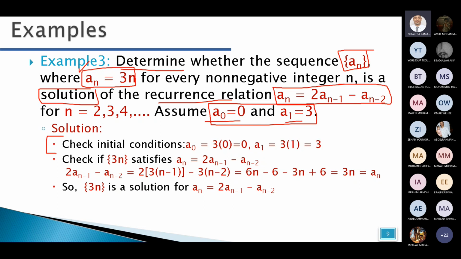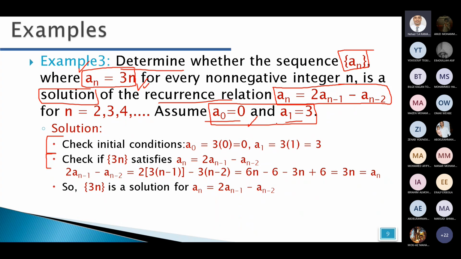We have to check both, but it's better to start from the initial condition because it's much easier. If the solution is not correct, usually it will not be correct for the initial condition. So if you find that it's not correct for the initial condition, no need for the next step to prove it for the recurrence relation.